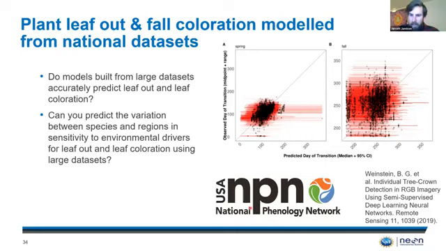Perfect predictions would fall along the 1-to-1 line, so that line in each of these. Most of the data fall along that 1-to-1 black line, showing that the model accurately predicts leaf out and fall leaf coloration, the red being the 95% confidence interval.